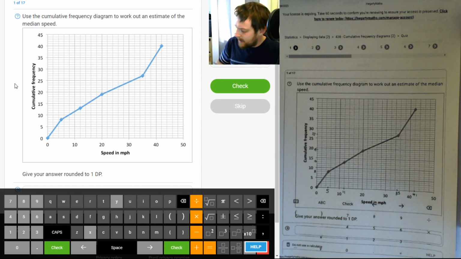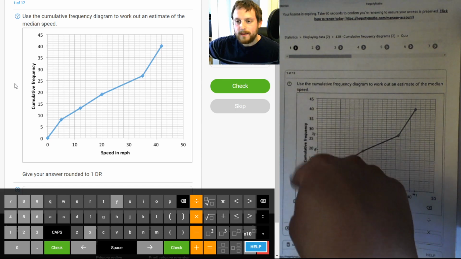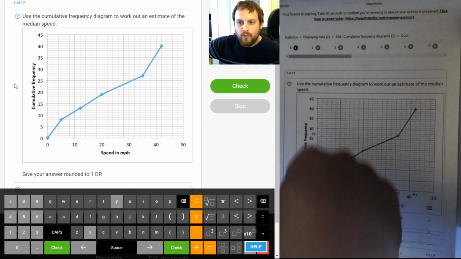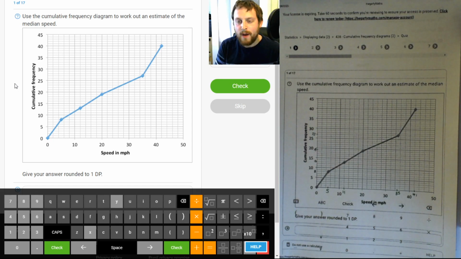So let me put that into a bit of context in this question, okay? So this is the Y number. And when you read this number off the graph, that's how many there are in terms of the frequency less than the X number. So that sounds a bit complicated, but let me talk about it with this graph, okay?